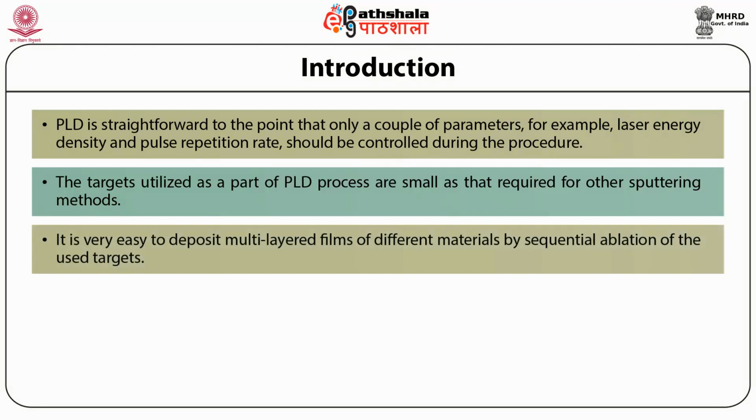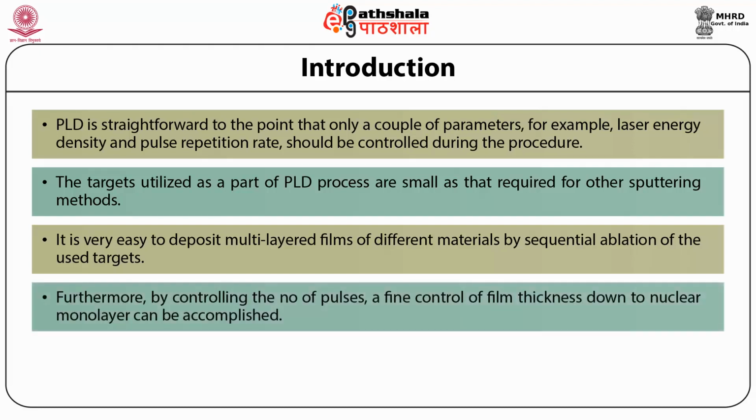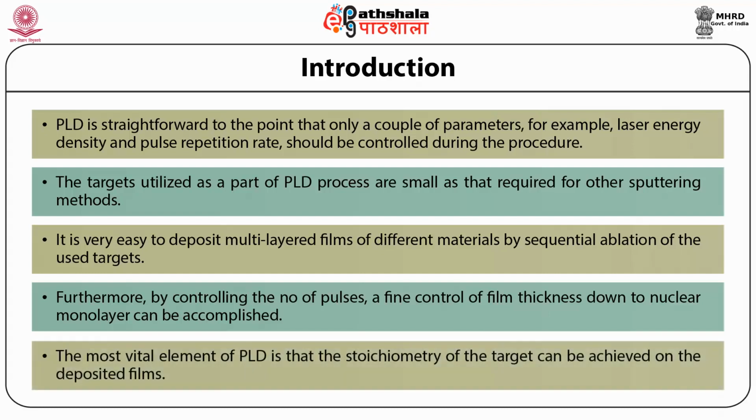It is very easy to deposit multi-layered films of different materials by sequential ablation of the targets. Furthermore, by controlling the number of pulses, fine control of film thickness down to an atomic monolayer can be achieved. The most vital element of PLD is that the stoichiometry of the target can be achieved in the deposited films.